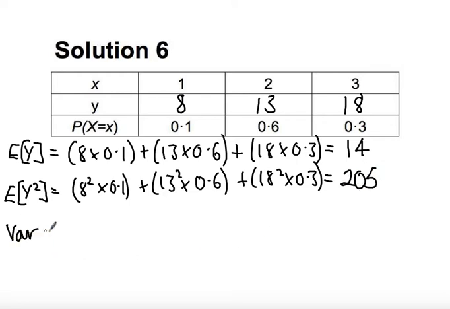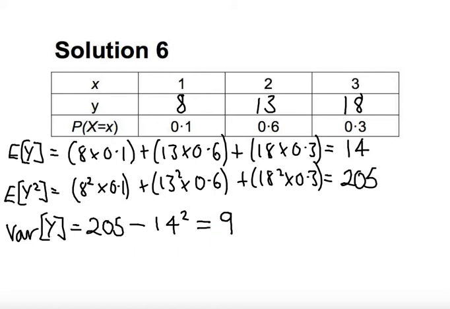So that when we find the variance of y, I get the expectation of y squared, which is 205, take away the expectation of y, or the mean, which is 14, squared. And when you put this into a calculator and work it through, you get an answer of 9.